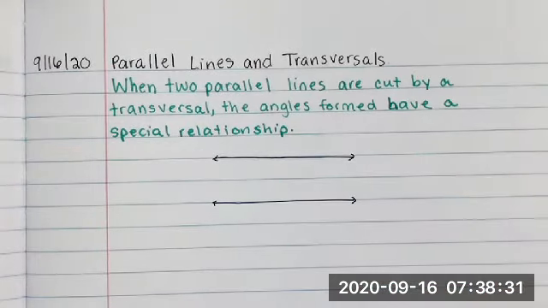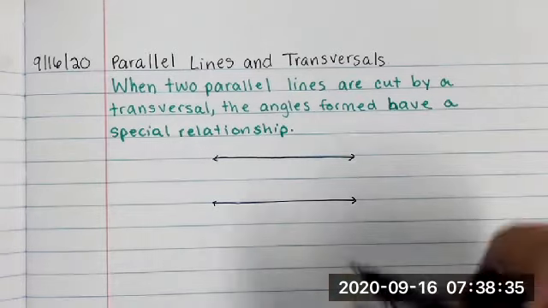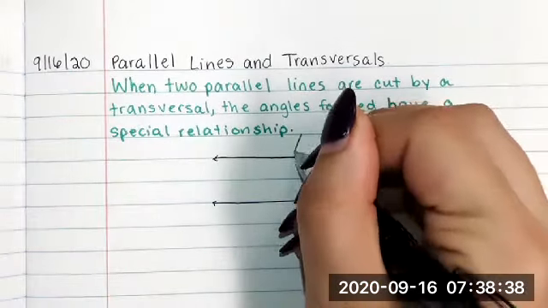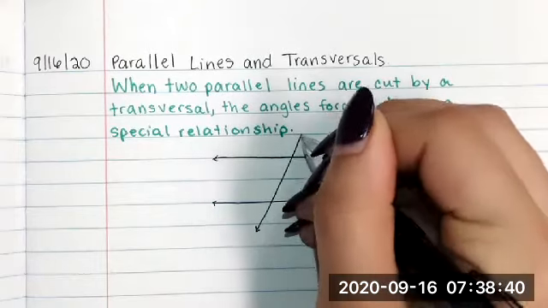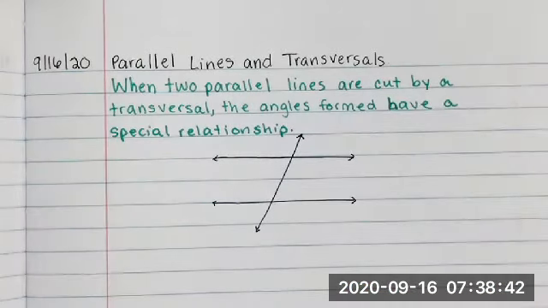All right, so here I have drawn a pair of parallel lines, and we're going to slice it by a transversal. Before, it didn't matter if the lines were crooked or anything like that, as long as we had two lines and a transversal. But now we're dealing specifically with two lines that are parallel.